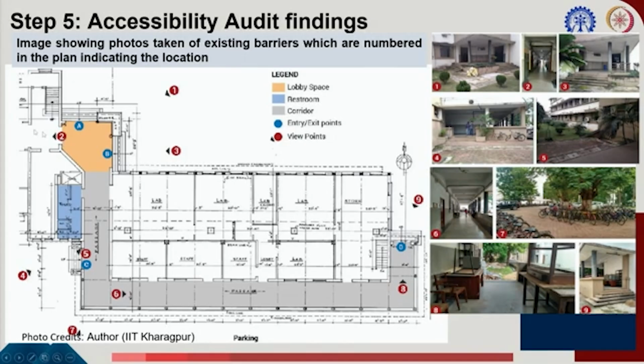Looking at point 2, I know this is the problem here. What is the problem here? 5, this is the entry, and this open gratings is the problem here. What is the problem at point 7? This is the parking where there is no barrier free parking, everything is scattered, that's the problem there. So I can relate it, that's the idea.